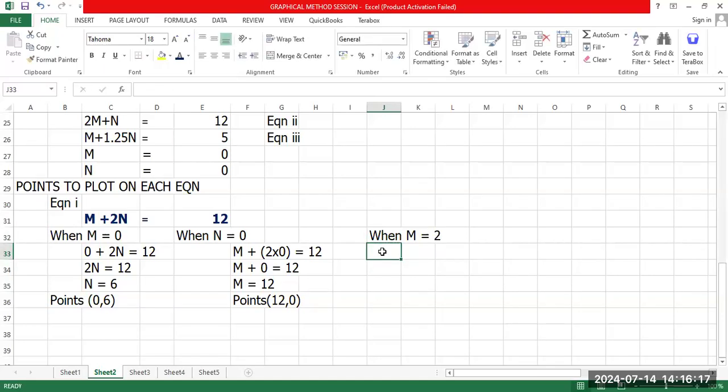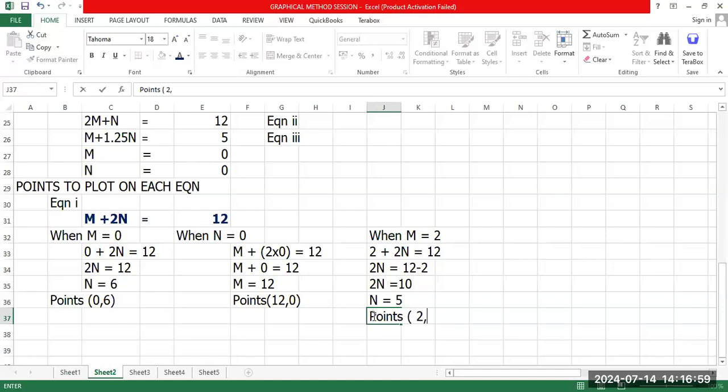what can be my n? I substitute. It will be 2 plus 2n is equal to 12. Then 2n is equal to 12 minus 2. Then 2n is equal to 10. And finally, n is equal to 5. So at this point, the point you have is 2 and 5.